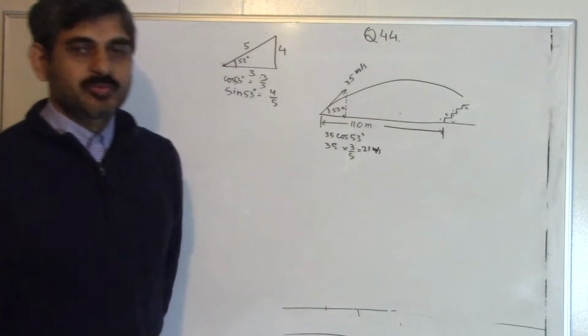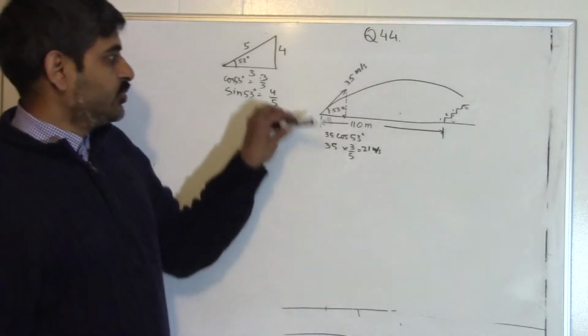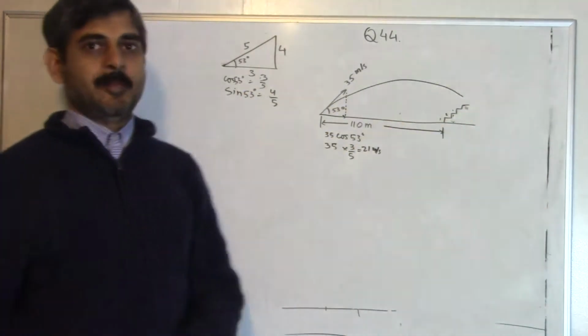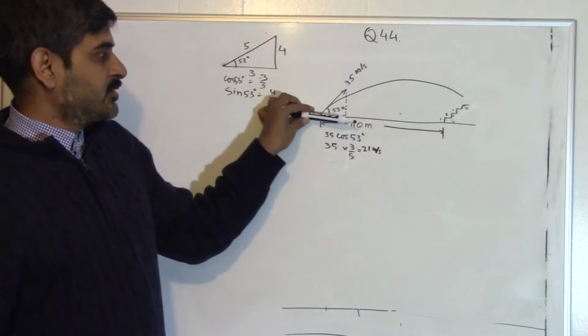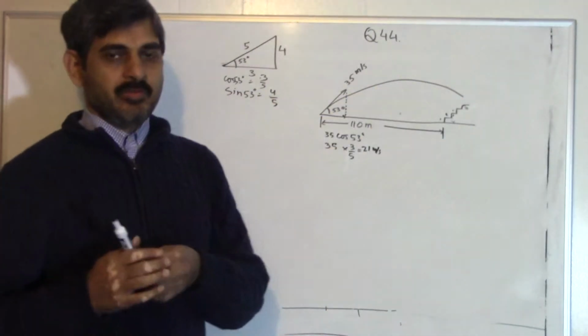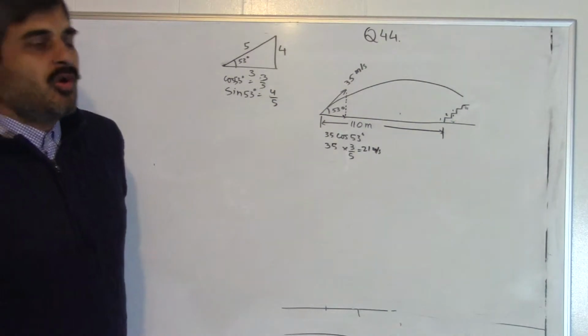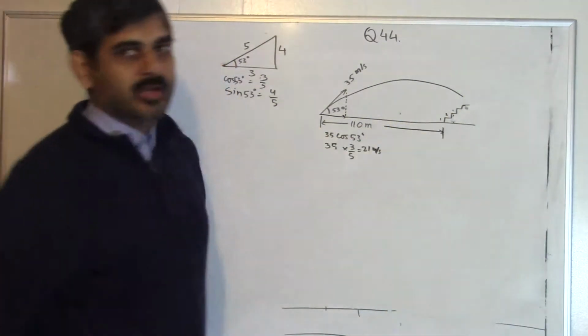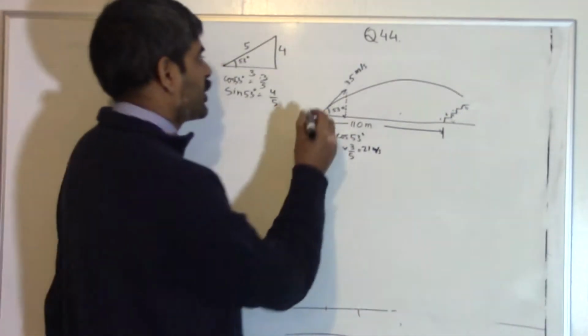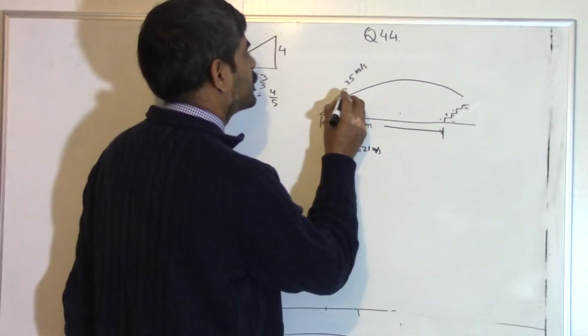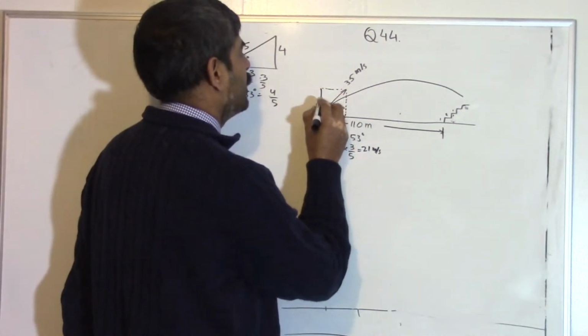This is the speed with which it moves in the x-axis direction. And this horizontal velocity does not change because there is no force acting against this movement or helping to accelerate it.